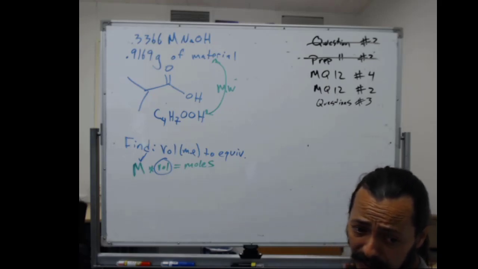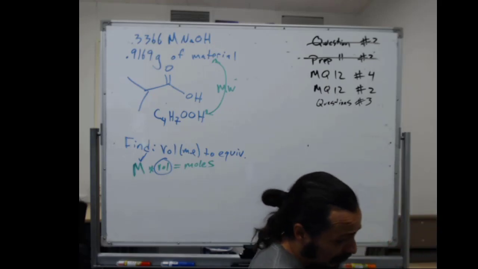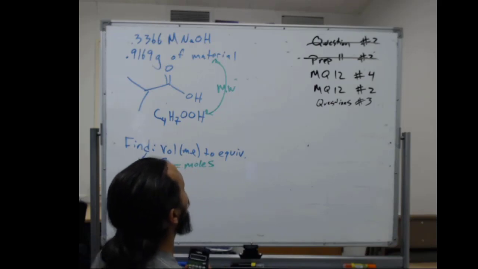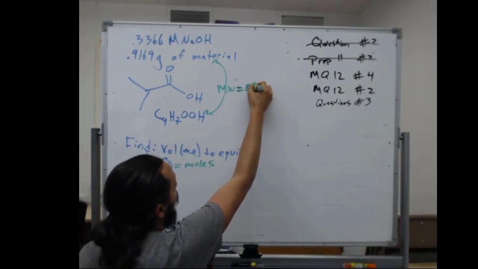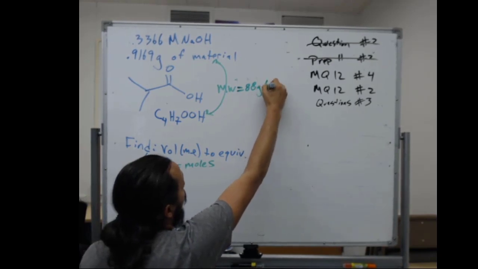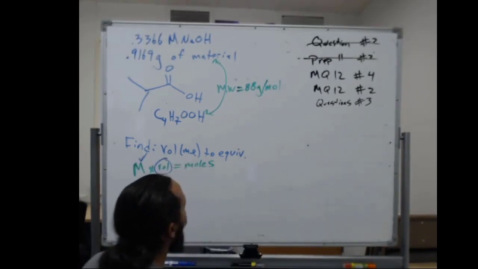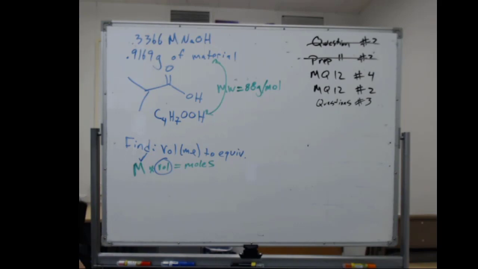Do me a favor, and if you've got a calculator handy, which you should all have, double check my calculation. I got 88 grams per mole for my molecular weight. Please make sure that makes sense with your calculations as well.